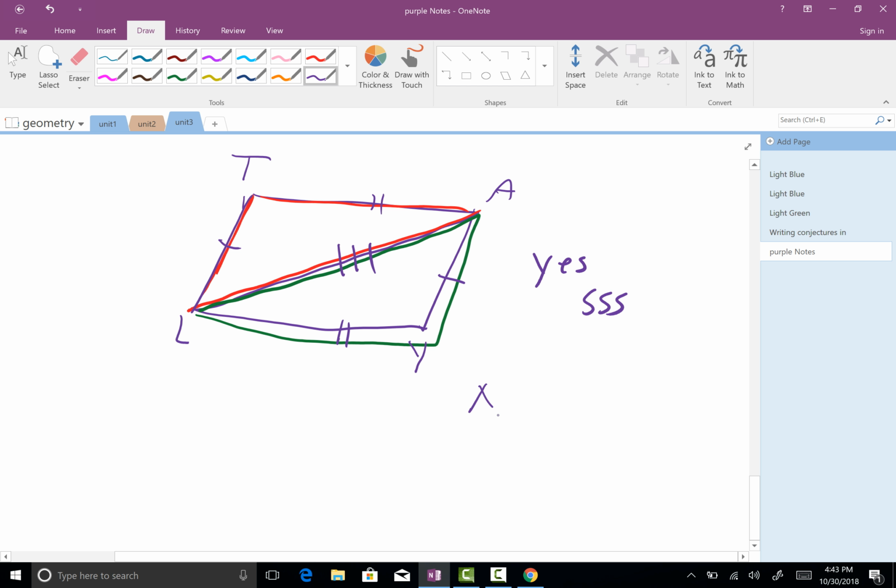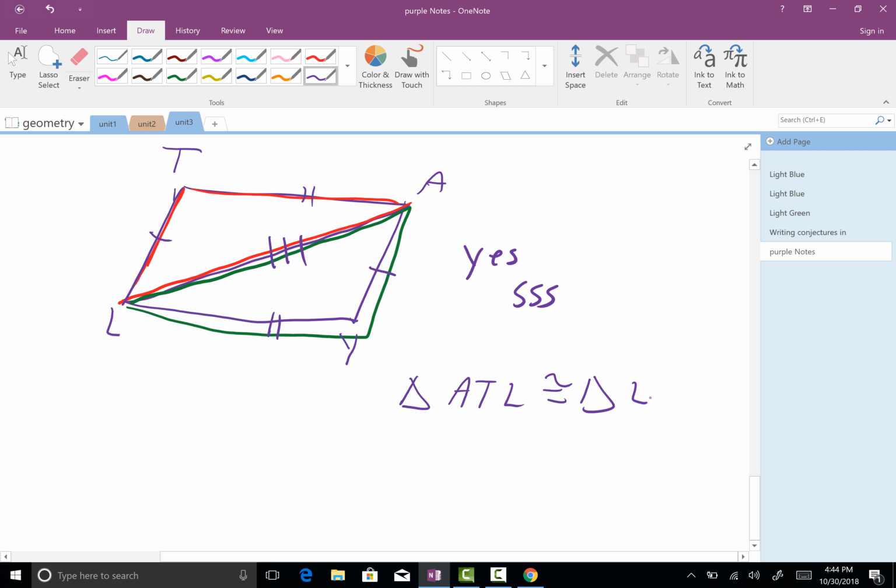And now we're going to write this out. Triangle ATL congruent to triangle. A has a 2 and a 3 side mark there. This triangle has a 2 and a 3 mark, so it must be L. T is obviously going to go to Y. And this L, the red one has 1 mark and 3 marks, so that must go to this A over here.